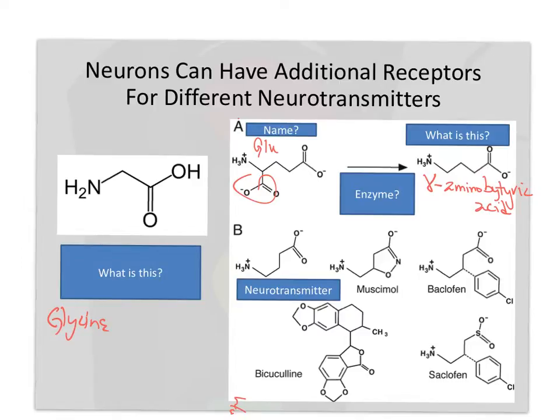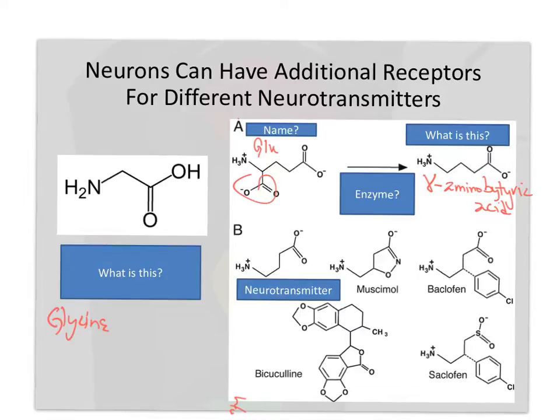Here it would be gamma aminobutyrate, or technically gamma aminobutanoate. Think back to organic chemistry. Remember, it's got 4 carbons. The carboxylic acid carbon is 1, then 2, 3, 4, and that's why butanoic acid. The old term for butanoic was butyric, and so that's why I put it.